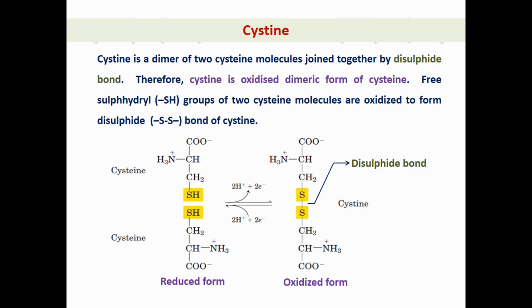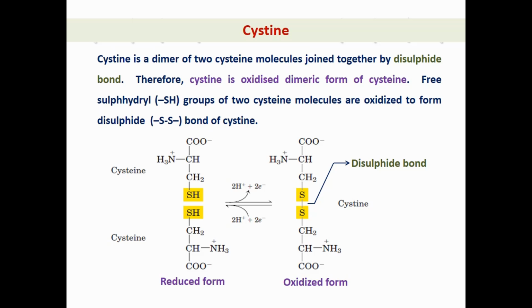The free sulfhydryl group present in cysteine can form a disulfide bond, in such a way that two cysteine molecules are combined through this disulfide bond to form a single molecule of cystine. Cystine thus is a dimer of two cysteine molecules joined together by a disulfide bond, and therefore cystine is the oxidized dimeric form of cysteine.